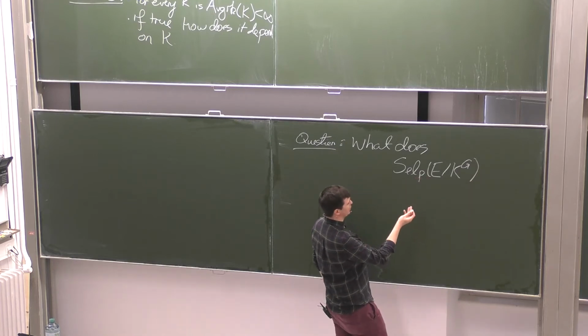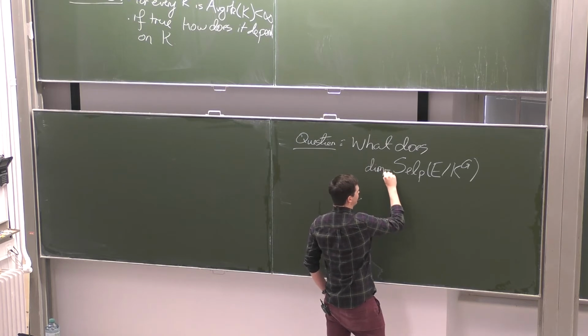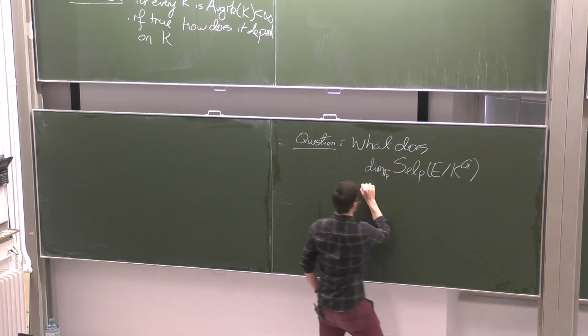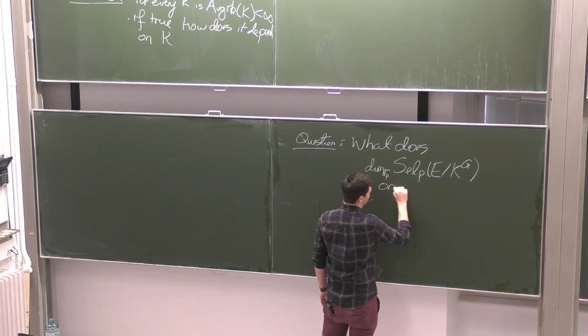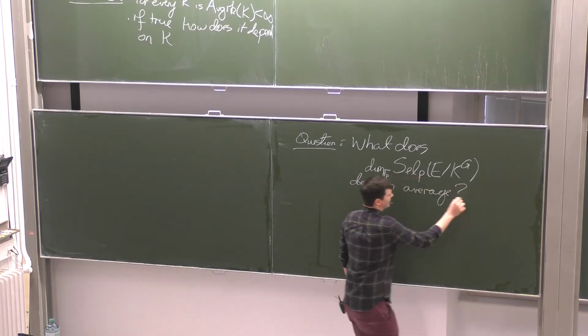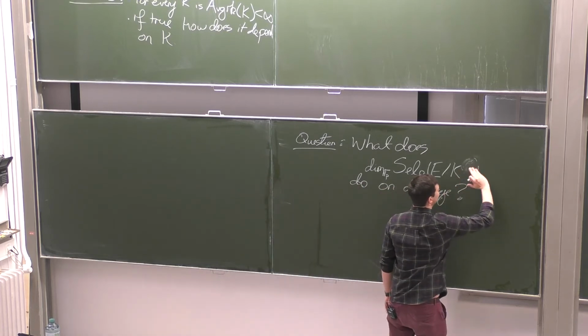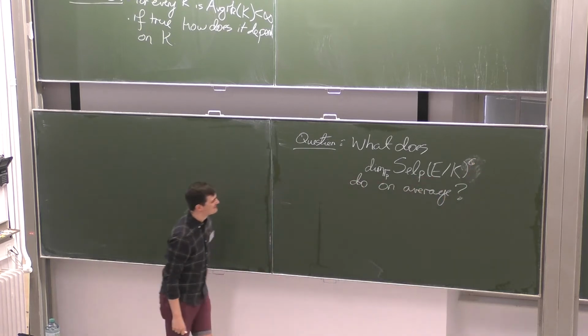And of course, look like is a bit vague, so let's say, what is its dimension? On average. Oh, good point. Yeah, that would be really trivial, wouldn't it? Thank you. The G should be on the outside.